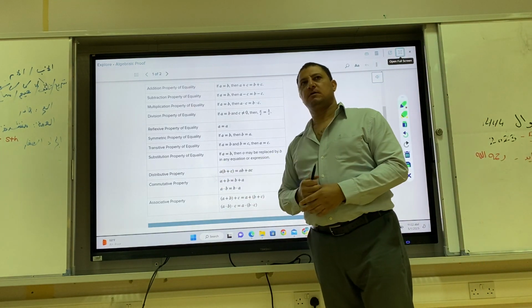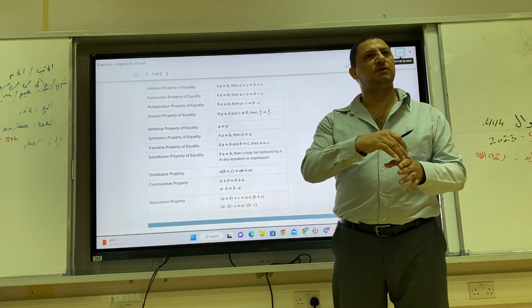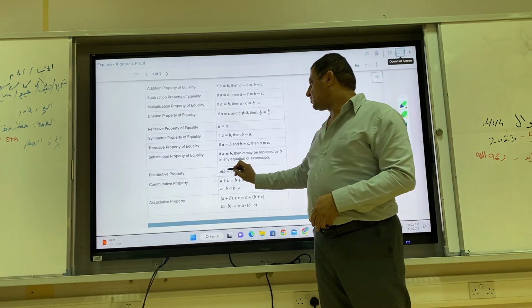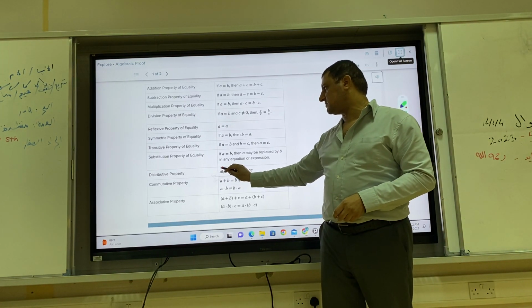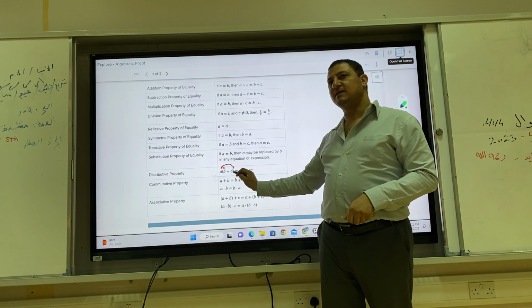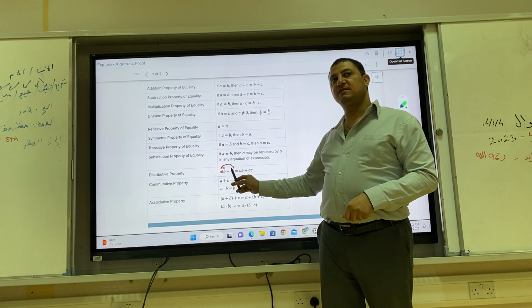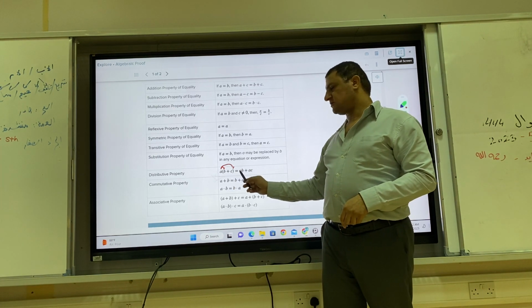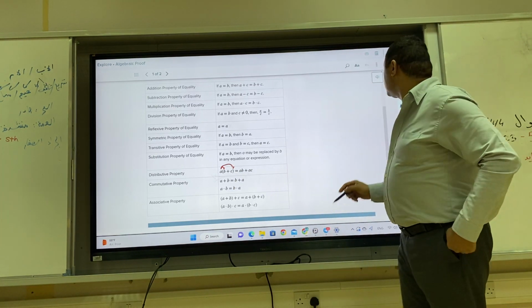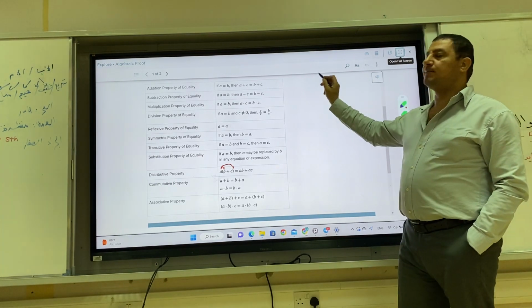Distributive property. This is to distribute multiplication over addition. So A is distributed to every term inside the parentheses. A is distributed to B and C, which means that the sign in the parentheses stays the sign there, and the others will be multiplication. I can demonstrate this by example.